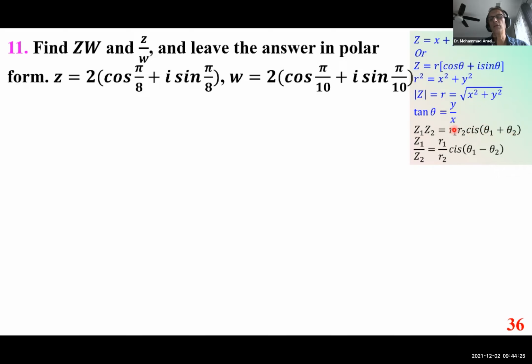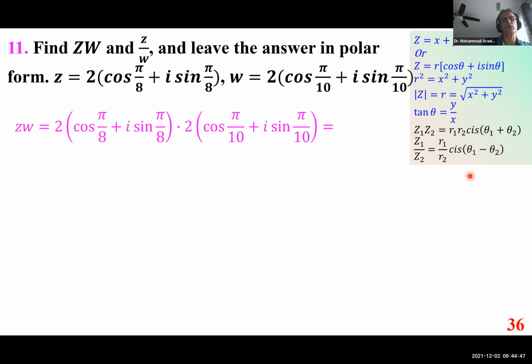So you're multiplying their moduli, as they sometimes call them. This is called the modulus. If you're dividing one by the other, you divide their moduli and then you subtract the second angle from the first angle.